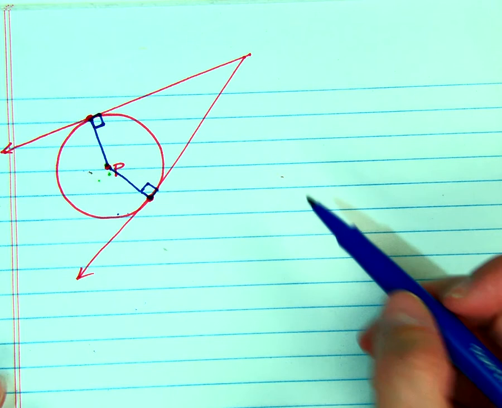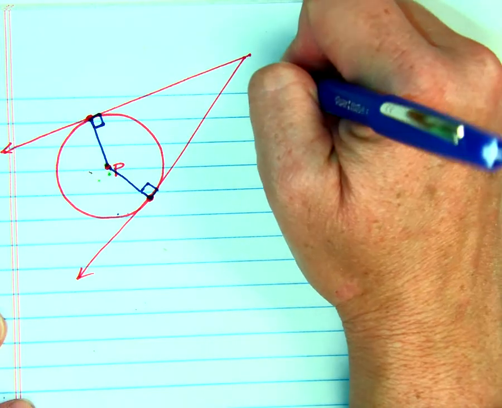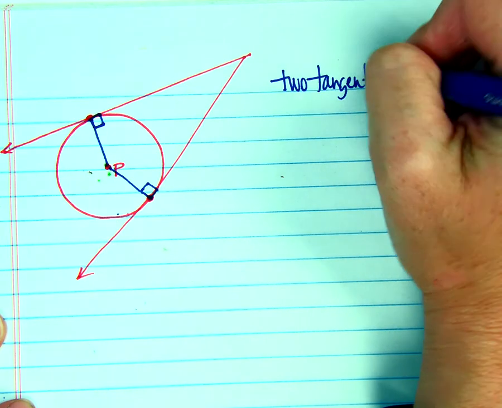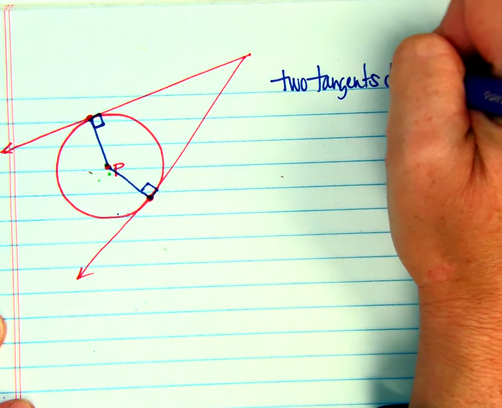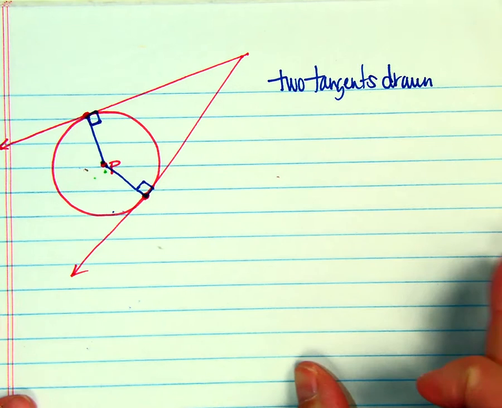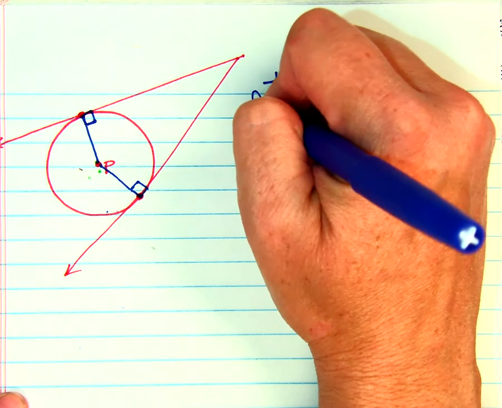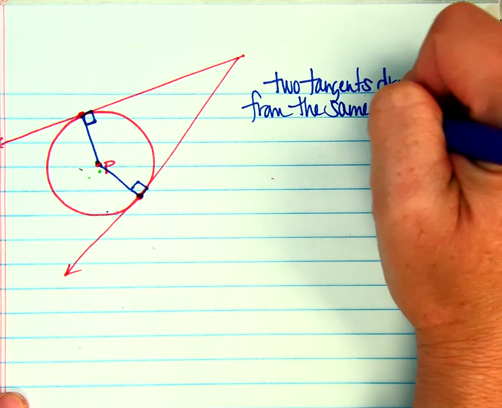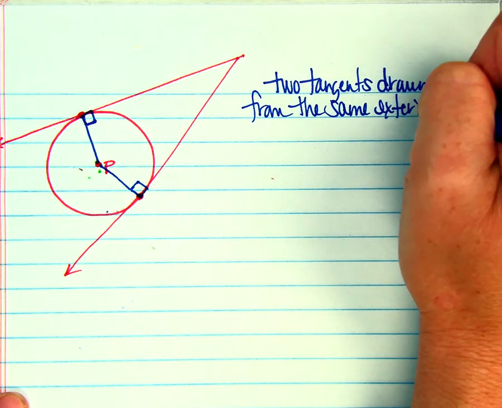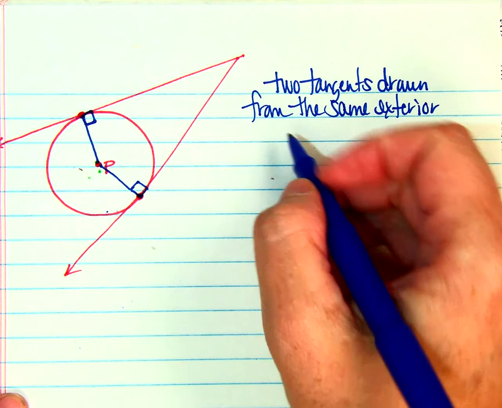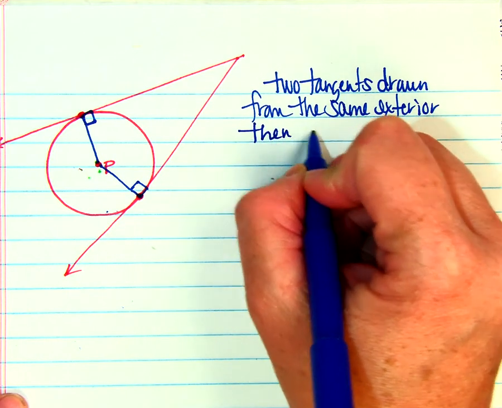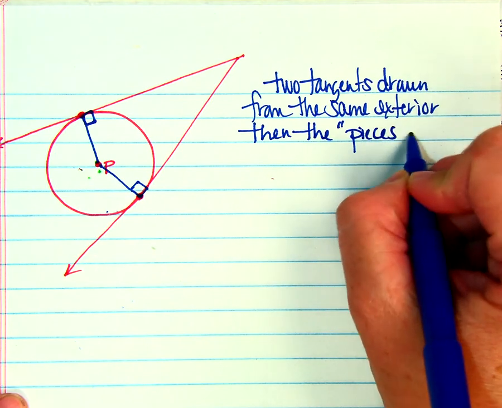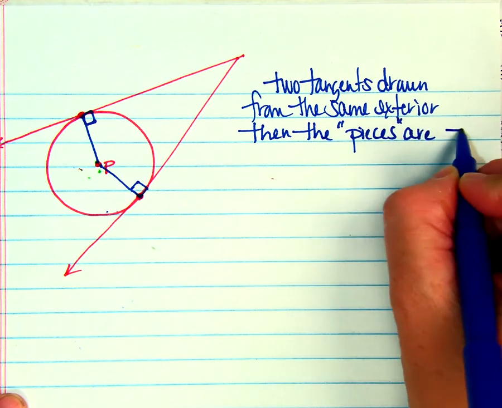If you have two tangents drawn from the same exterior point, then, I'm just going to put in parentheses, the pieces are congruent.